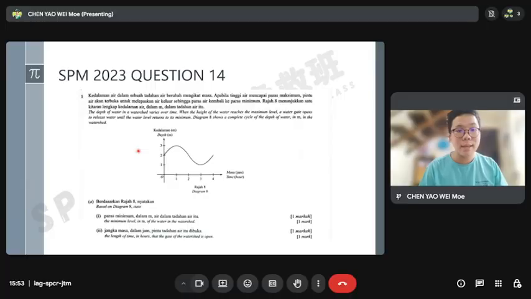Many teachers said that in 2024 this chapter would not come out in SPM. In trials, no teacher gave this kind of question, and also for 2025. I saw a question in 2025, but I don't think it is from this chapter. So I think I already explained all the things here.